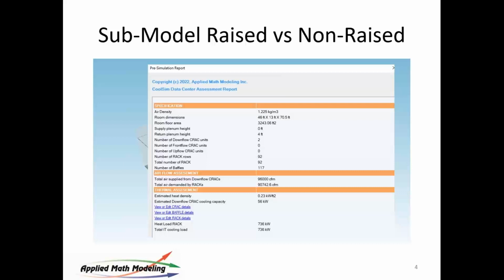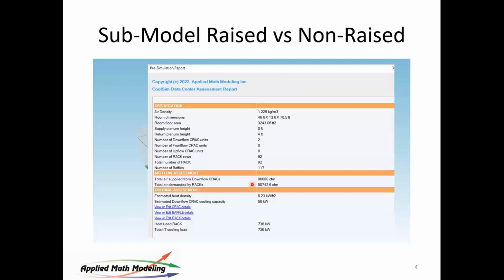But the fact is that the supply must exceed the demand by a certain amount. In a perfect world, from an energy point of view, I would run these equivalent to one another. That the best design would be 90742.6 for supply, because that's exactly what the racks need.